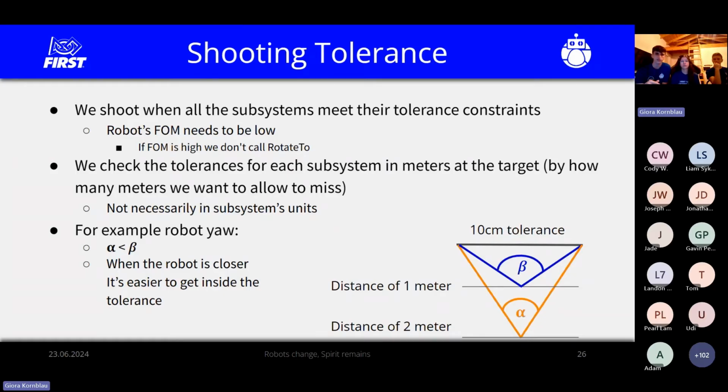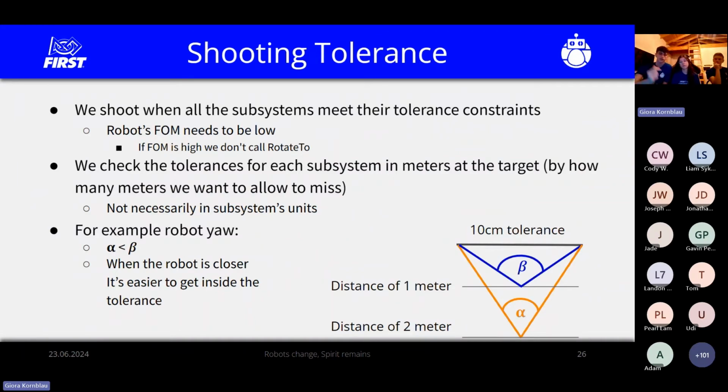An example for this year is the robot's yaw, where we use the rotate to function to correct. As you can see at the bottom right part of the slide, we have a 10 centimeters tolerance for the shot.